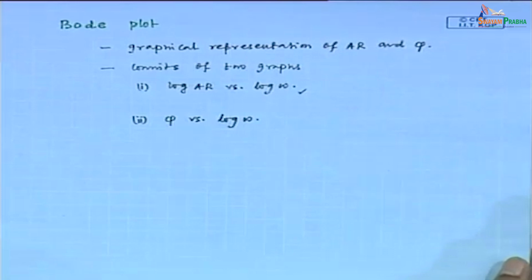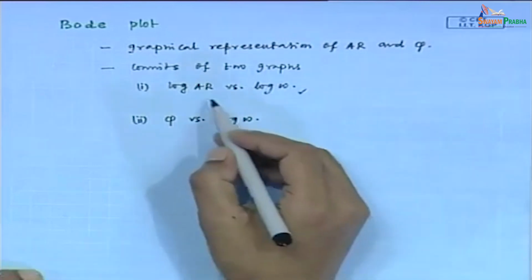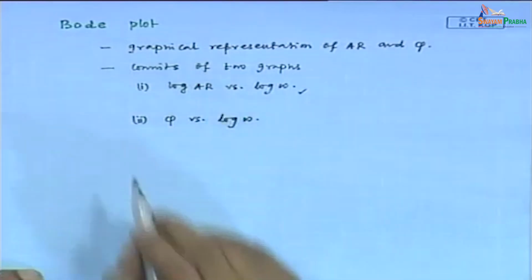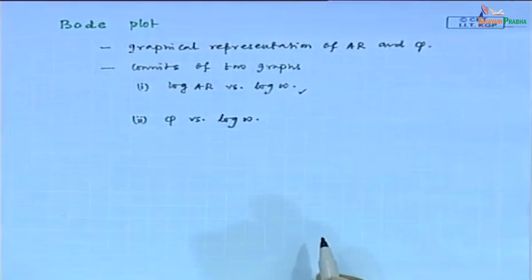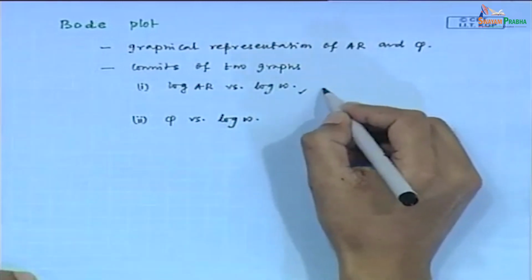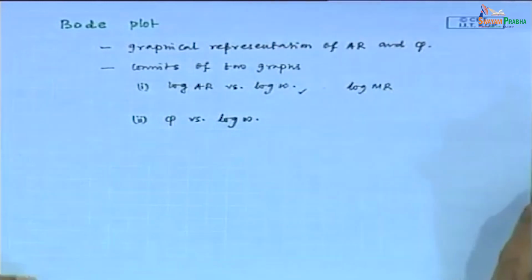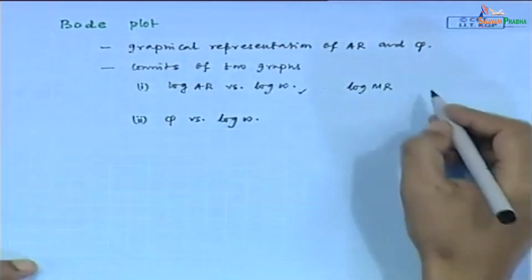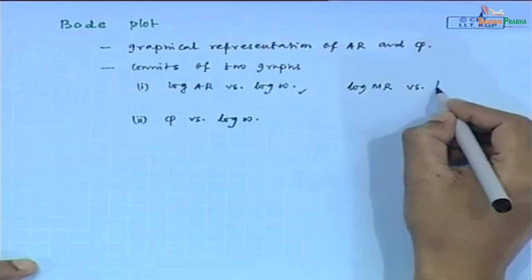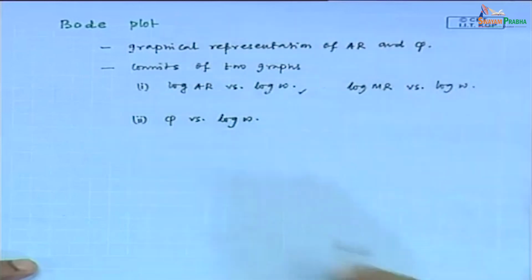So, these are the two plots which constitute the Bode plots. Now, sometimes the amplitude ratio is replaced by magnitude ratio. So, sometimes the Bode plot includes log magnitude ratio versus log omega.